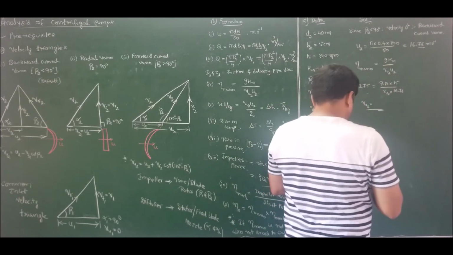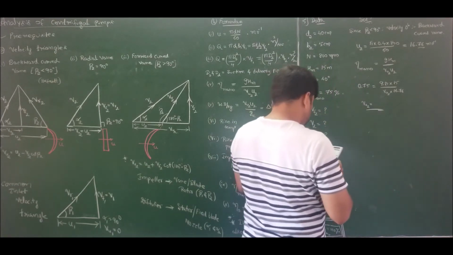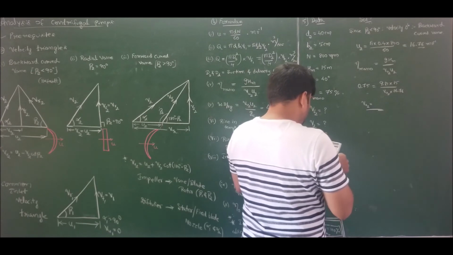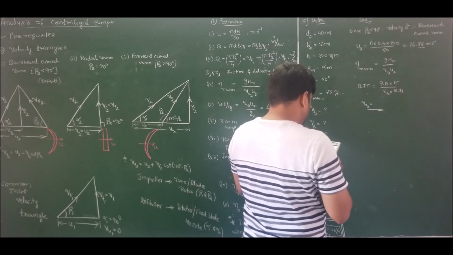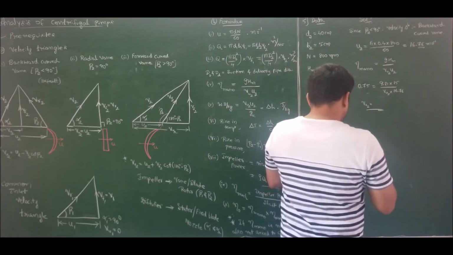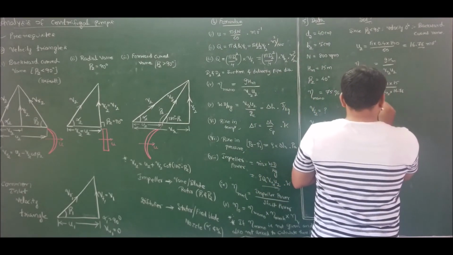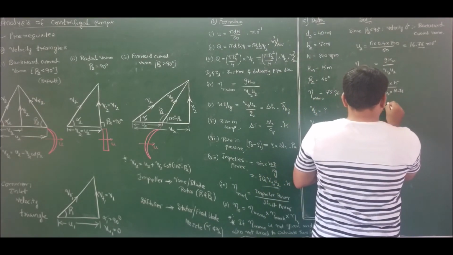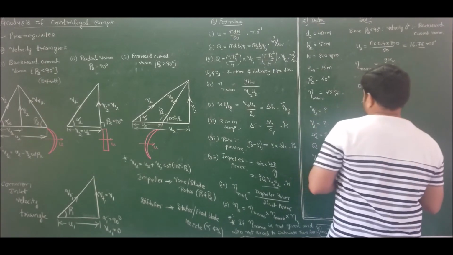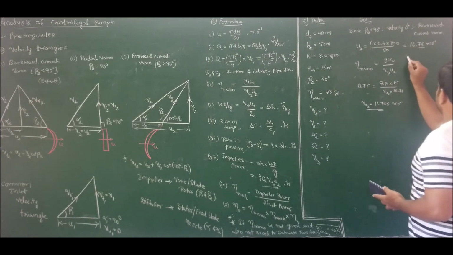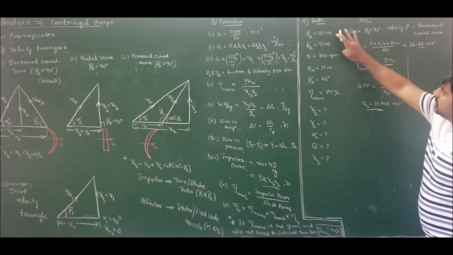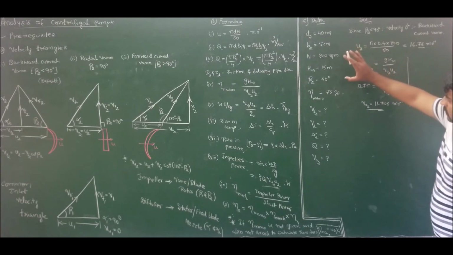So hence VU2 will be 9.81 into 15 divided by 0.75 into 16.76, that is 11.706 meters per second.